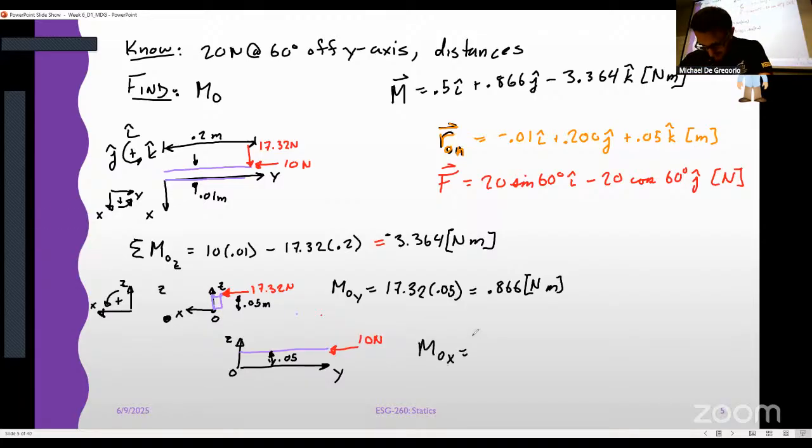The moment in the X is 10 times 0.05. That rotates in the clockwise direction. And so we end up with 0.5 newton meters. That's in the I direction. So we've checked it, it works out.